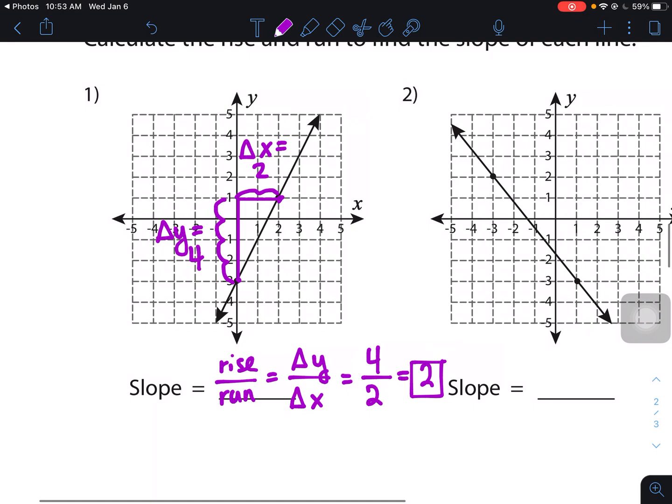Sometimes I like to leave it as 2 over 1 so I can see on my graph. If I start at this point, I can go up 2 over 1 to get the next point, up 2 over 1 to get the next point, up 2 over 1 to get the next point, and so on.